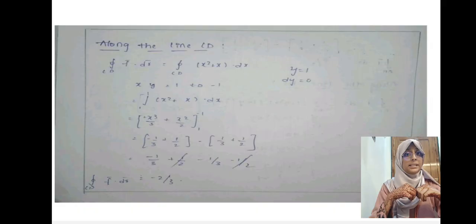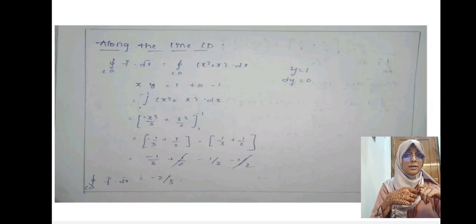Now along the line CD, integral CD of f bar into dr bar, integral CD of (x square plus x) into dx. Here the integral is from 1 to minus 1 and y is equal to 1, dy is equal to 0, so the y value becomes 0. Integral from 1 to minus 1 of (x square plus x) into dx.